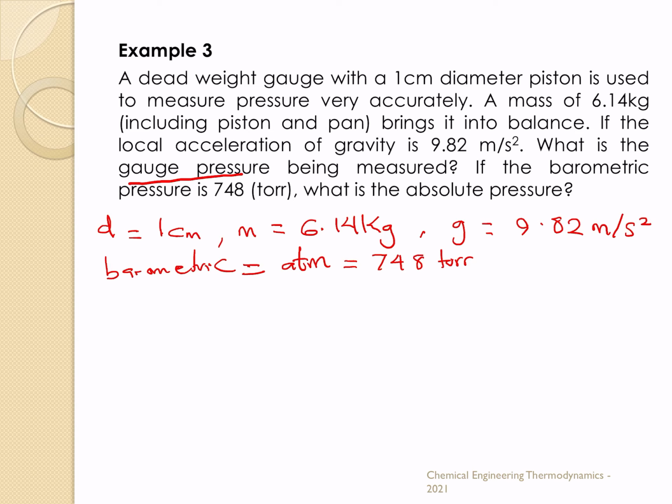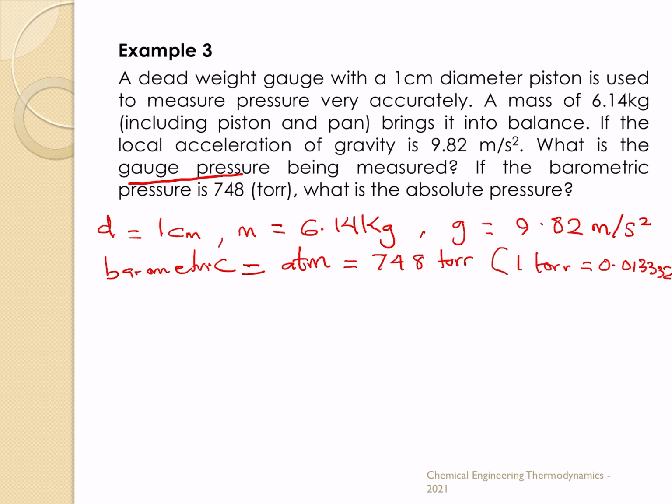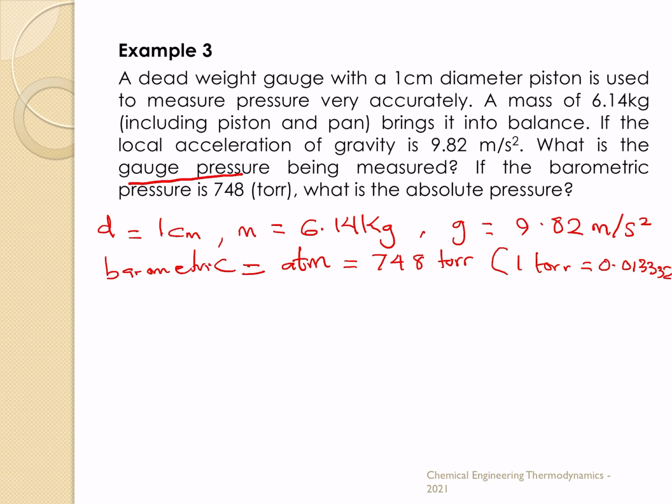One torr equals 0.013332 Newton per centimeter squared.